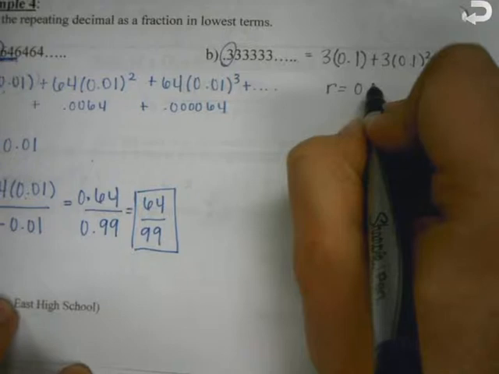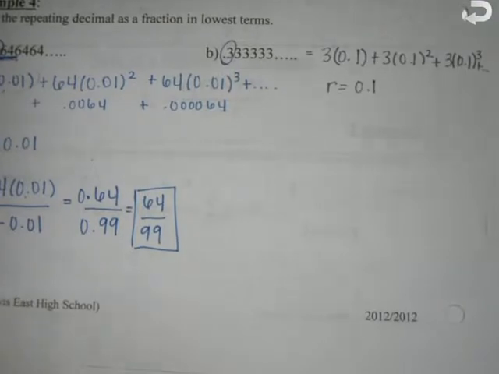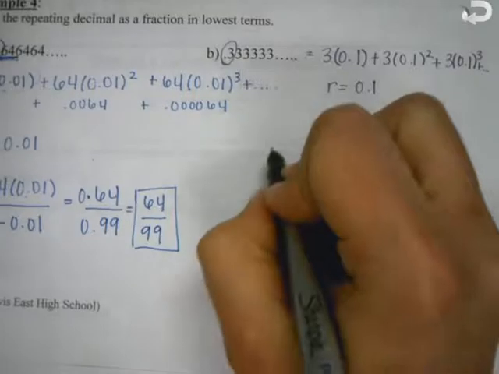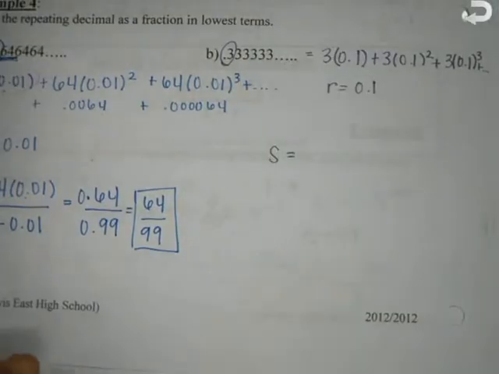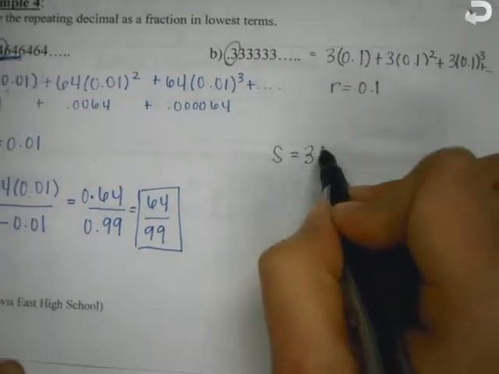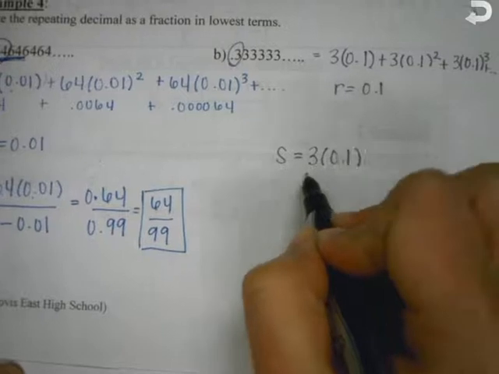So let's do the sum. Sum is equal to 3 times 0.1, that's a sub 1, over 1 minus 0.1.